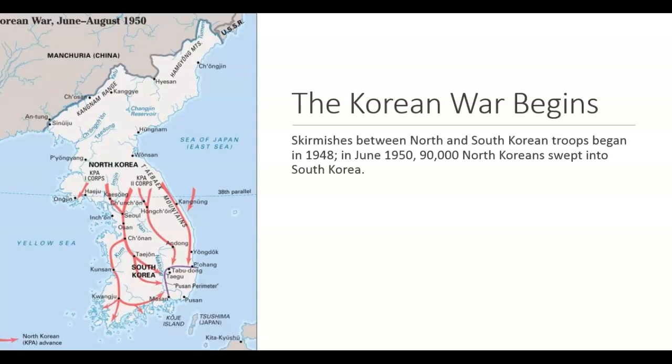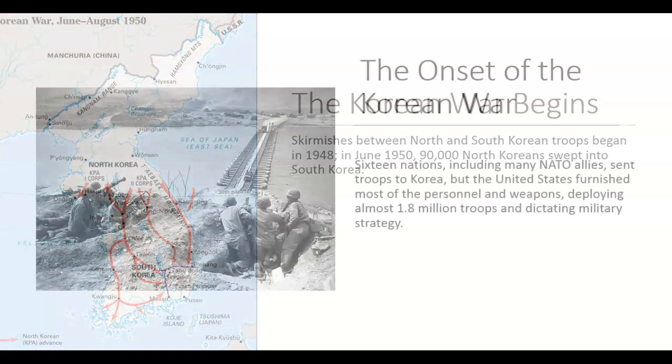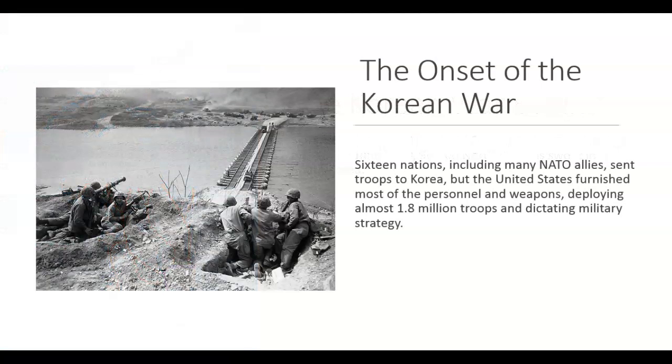Truman and his advisors are convinced that the war was instigated by the Soviets, that the North was encouraged to invade by the Russians. But recent evidence suggests that while the Soviets consulted North Korea, Stalin was initially resistant to the idea. Nevertheless, Truman sees the war through this lens and has no choice but to send in troops.